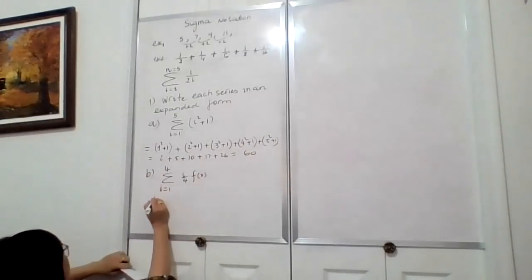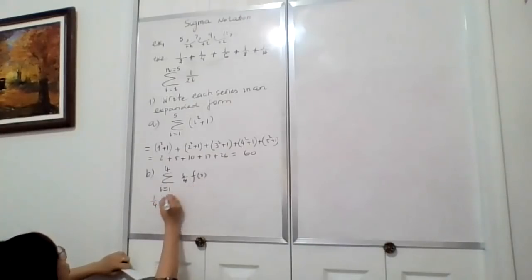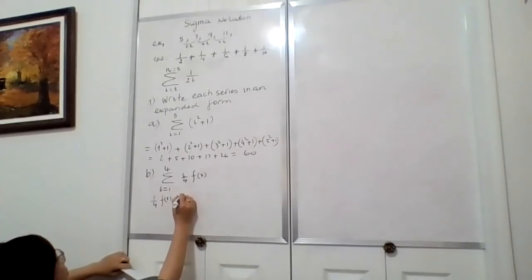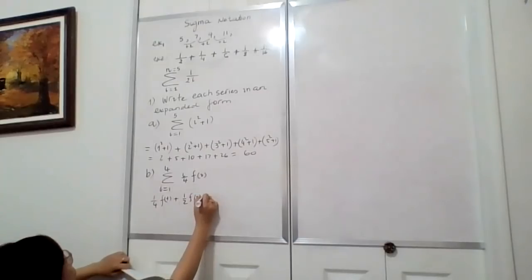So the first will be 1 over 4, f of 1, right? Adding with the second one will be 2 over 4, which is the same as 1 over 2, f of 2.